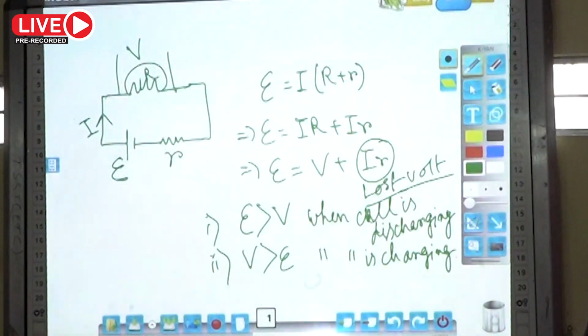When the cell is in charging condition, then EMF is small, potential difference is large. First one, you are using the battery, so the longevity of the battery decreases, so the battery discharges. So during the discharging of the battery, EMF is higher, potential difference is lower than EMF. But whenever you are recharging, the opposite will occur, potential difference will be higher, EMF will be lower.